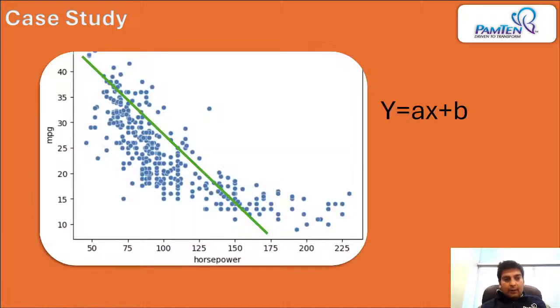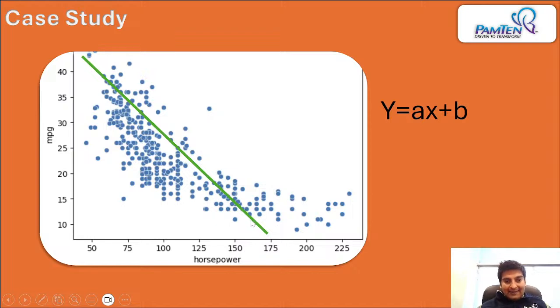Now, since linear regression is based on a linear line, I'll just draw a straight line through this. When I draw a straight line, it will have an equation, because every line has an equation, and this will give me an idea of the mileage when I have a certain value of horsepower.